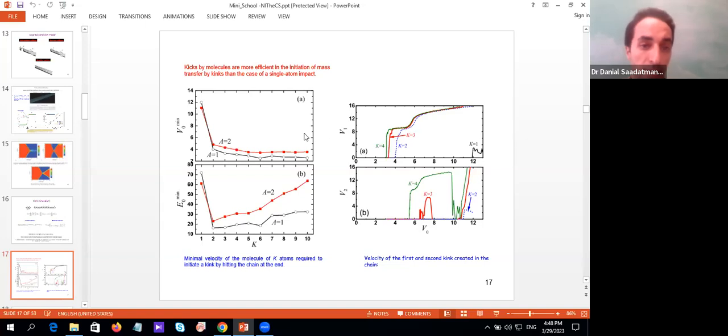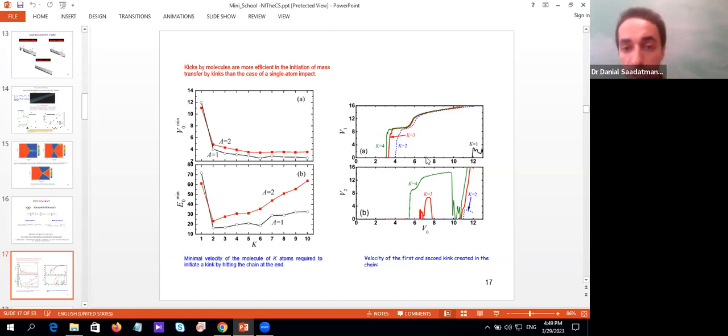As you can see in the left figures, for one atom, the horizontal line shows the number of atoms, K, and the vertical line shows the minimum velocity of the atoms that can collide with the chain. As you can see, kinks by molecules are more efficient in the initiation of the mass transfer by kinks than the case of the single atom impact.